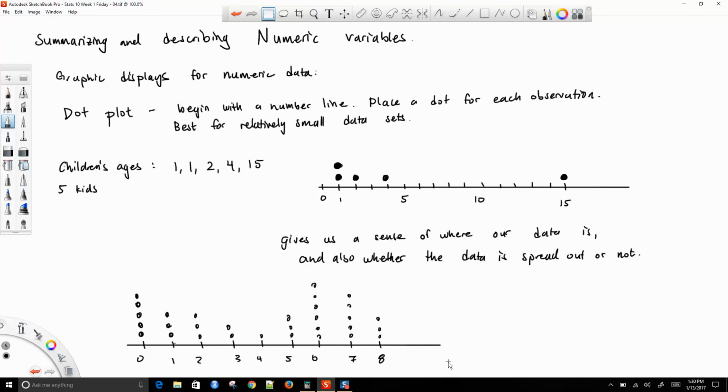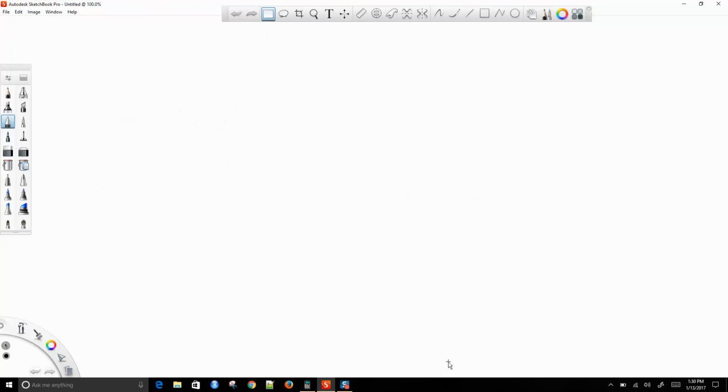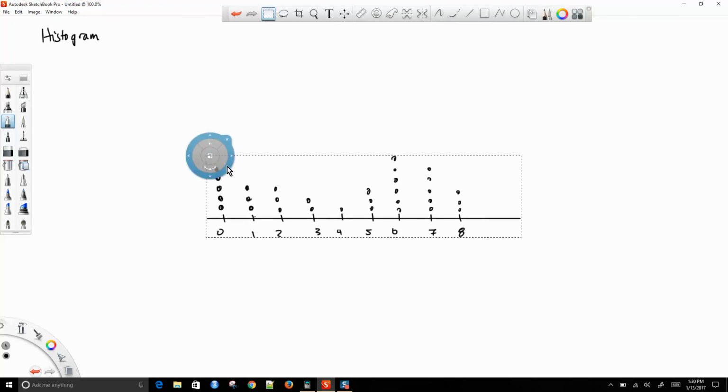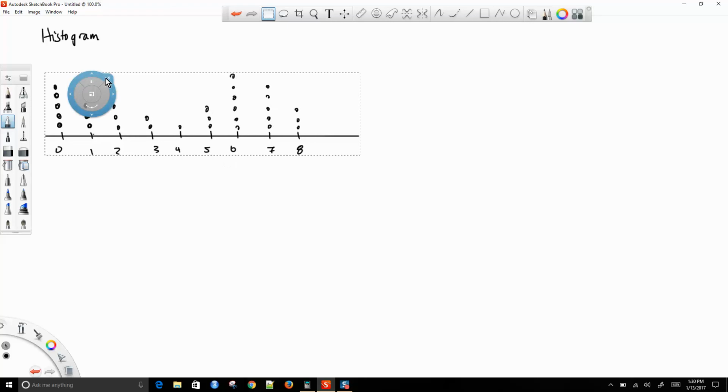And so the next idea we have is what we call a histogram. With a histogram, we put bars instead of dots. So this is better for slightly larger data sets.